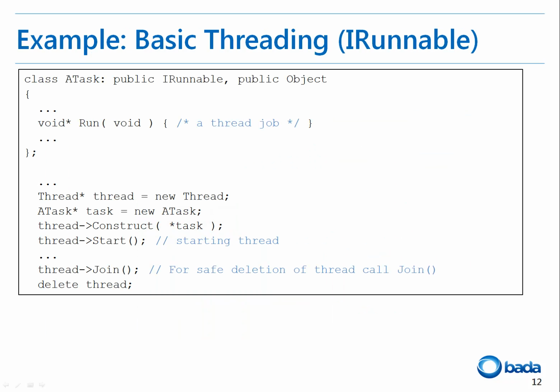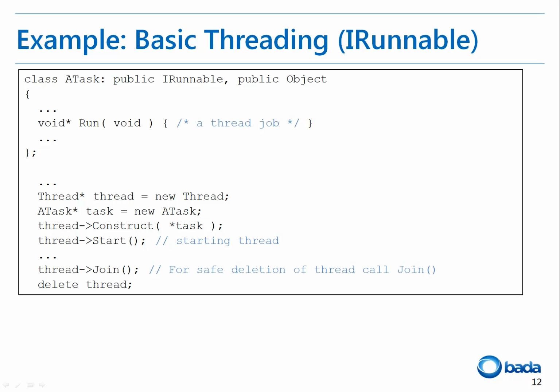Let's take a look at how to create a worker thread. First, I'm going to show you how to create a thread using IRunnable. As you can see in this example, the subclass of IRunnable has been specified in the aTask class, and the run function has been implemented. You can directly specify the operation that should be performed by the thread in the run function.